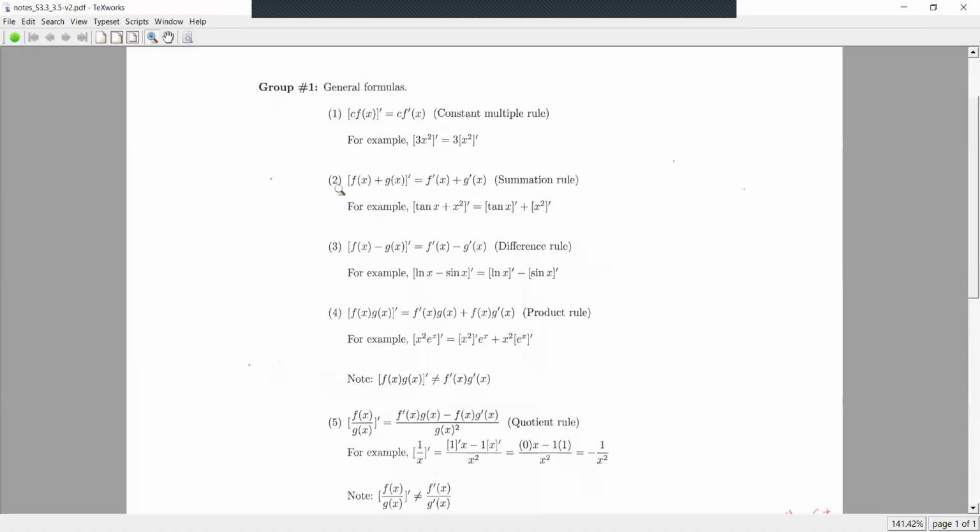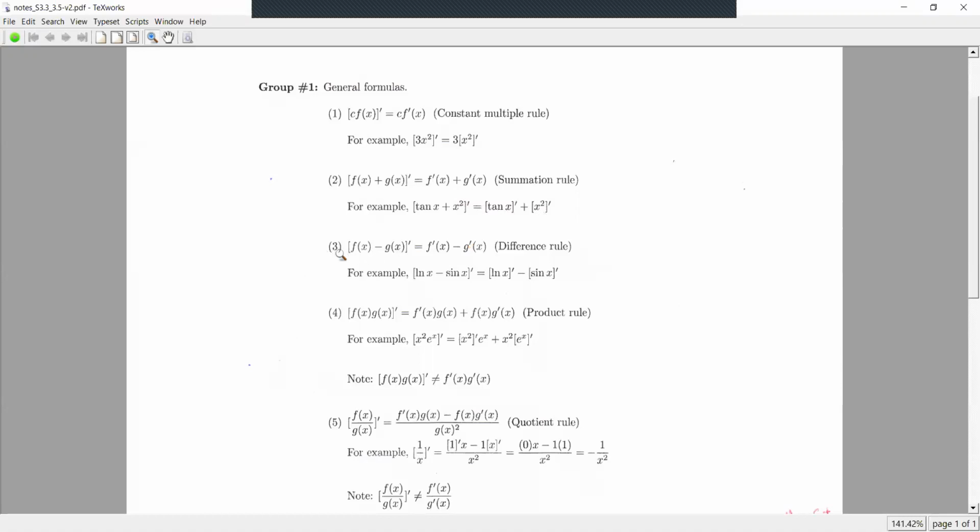The second formula, summation rule. Derivative of a sum is sum of the 2 derivatives. For example, tangent plus x squared, then derivative is equal to derivative of tangent plus derivative of x squared.